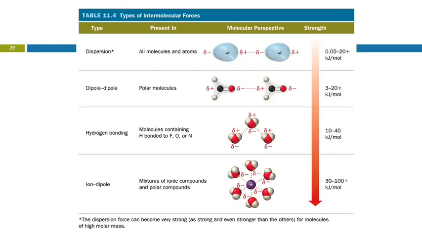This is a nice summary of the different types of intermolecular forces. You should know their names, what sorts of compounds they're present in. You should understand that it's a force of attraction between opposite charges, between things, not within things. Relative strength: dispersion is weakest, then dipole-dipole, then hydrogen bonding, then ion dipole.